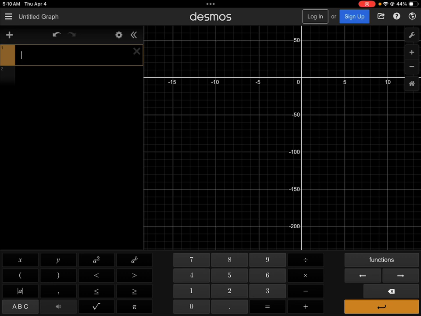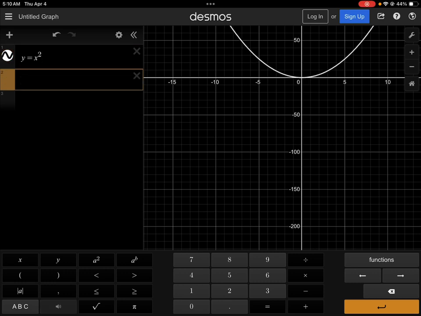Now, I'm not going to put g of x or f of x or whatever it says there. I'm just going to put y equals x squared. This is the parent function. That's from going to y equals x squared minus 1. It goes to this one.